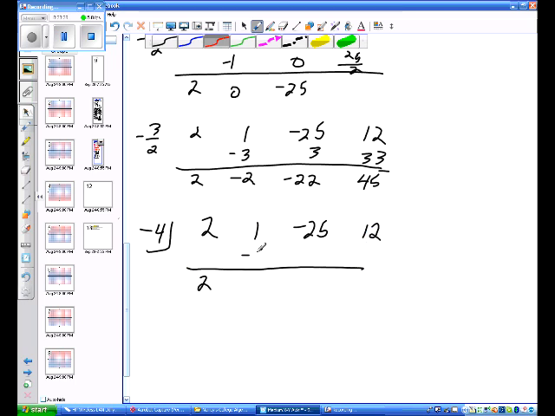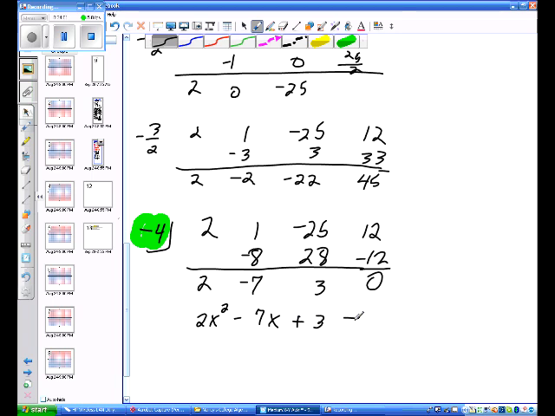So that's -8, -7, 28, 3, -12. Well, that's nice. So that works. So -4 is also a solution. And what we have left then is 2x squared minus 7x plus 3 equals 0.